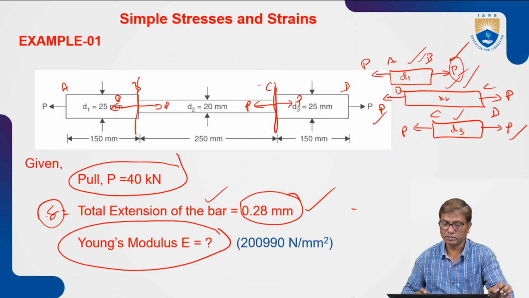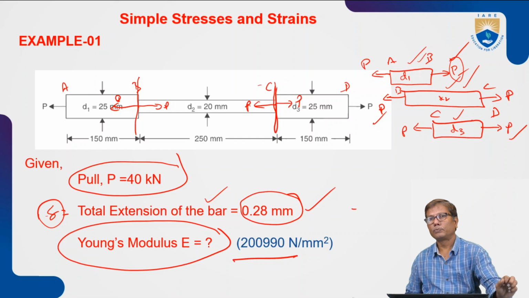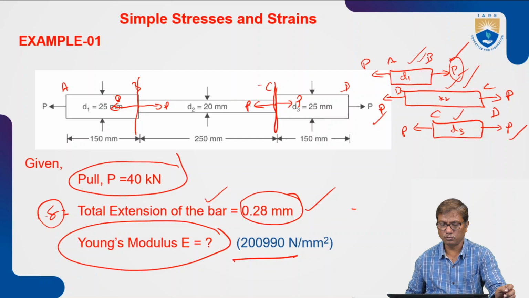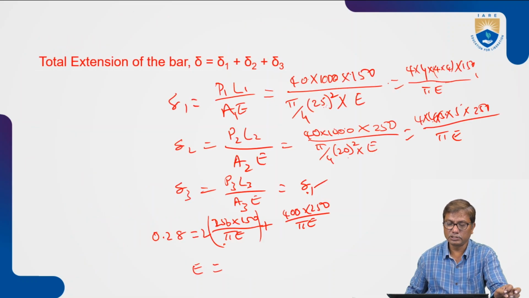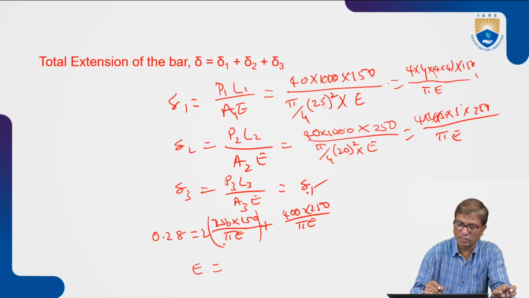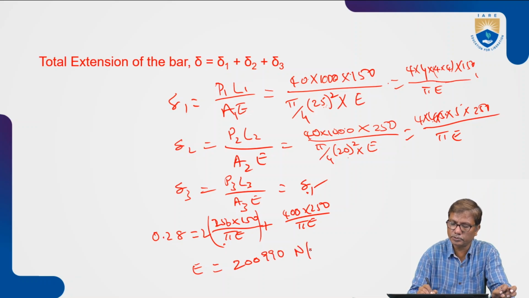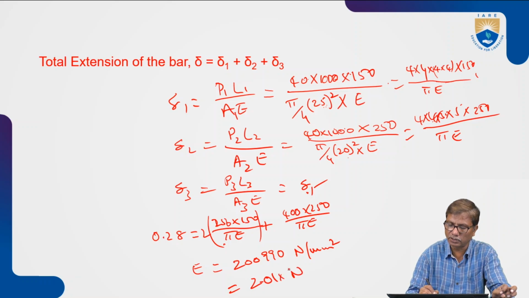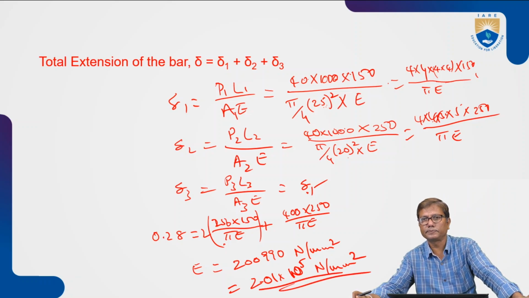The Young's modulus is obtained as 2.0099 or 2.01, you can say, Newton per mm square. 2.01 into 10 power 5 Newton per mm square. This is the Young's modulus for the given material.